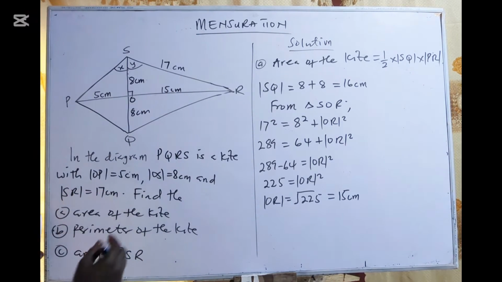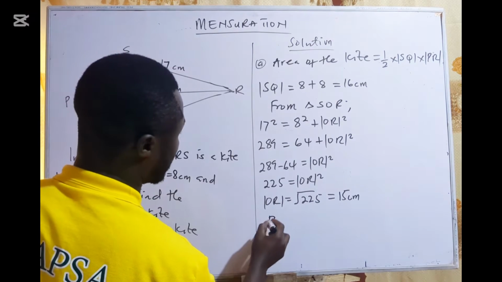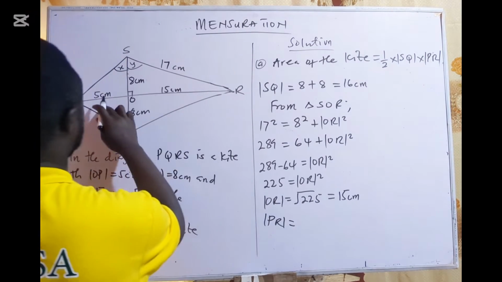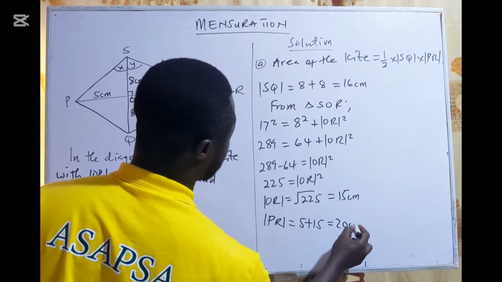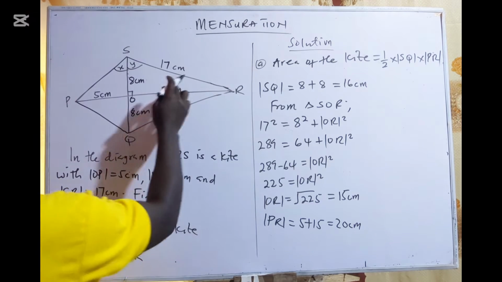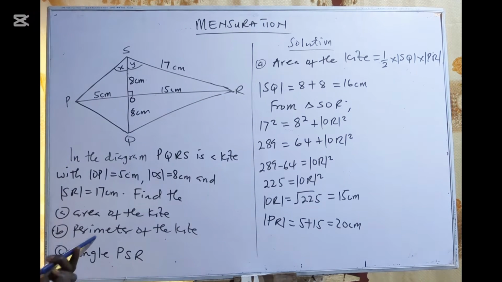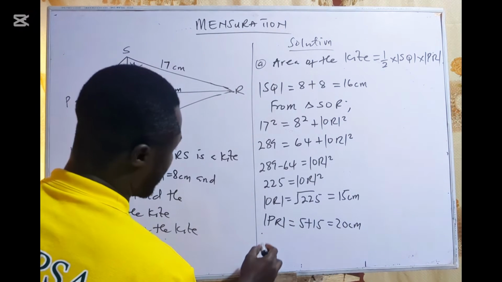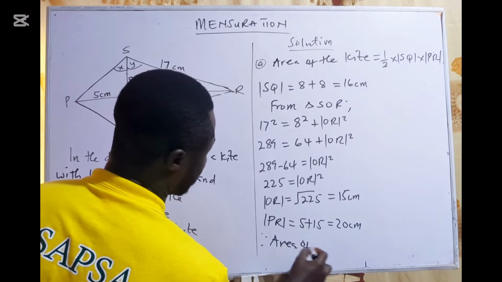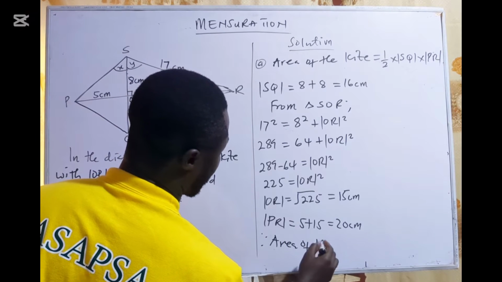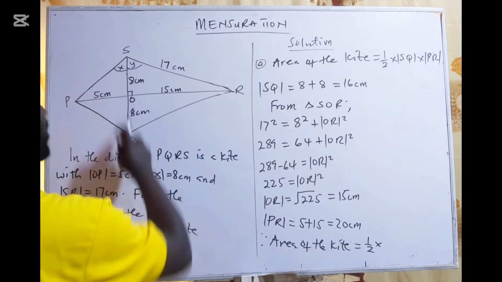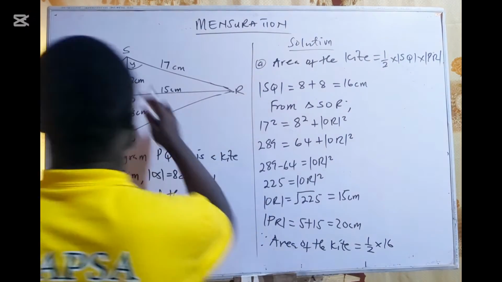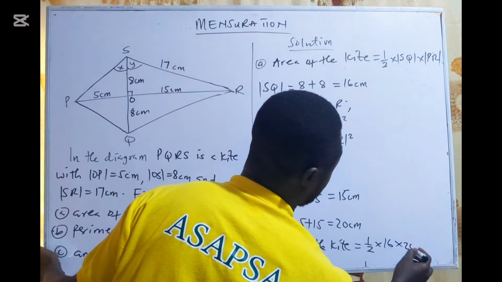If that is the case, then my diagonal PR is 5 plus 15, and that will give me 20 centimeters. So my diagonal here is 20 centimeters. Therefore, I can now find the area of the kite. Area of the kite is half times 16, that is 8 plus 8, times 20.